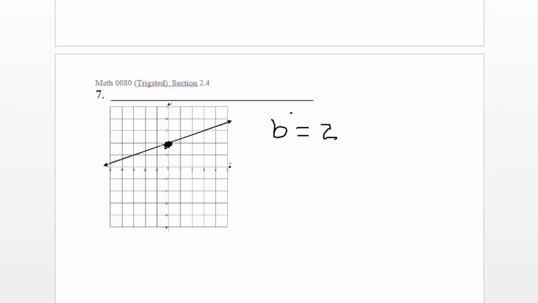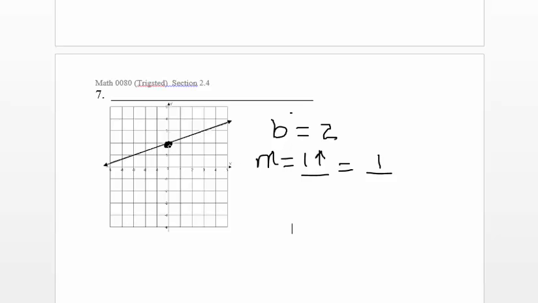Now to find the slope, if I start at the y-intercept, I have to move 1 unit up. Since I go 1 unit up, the rise is a positive 1.